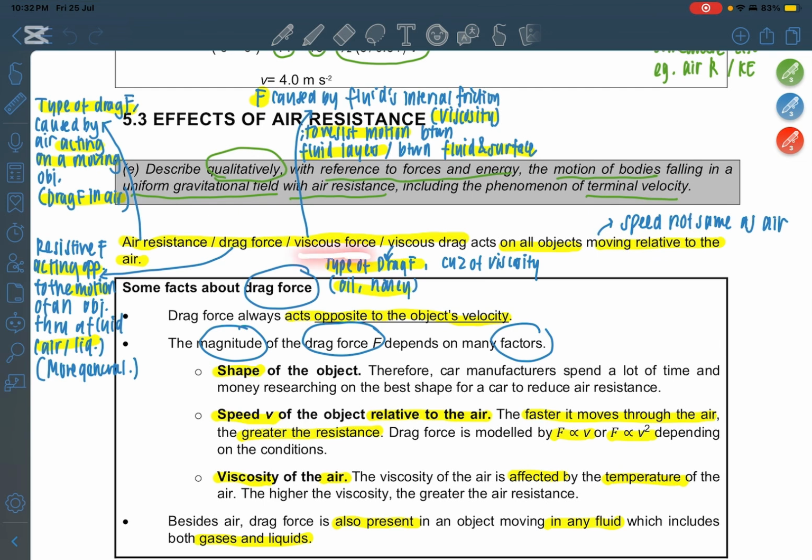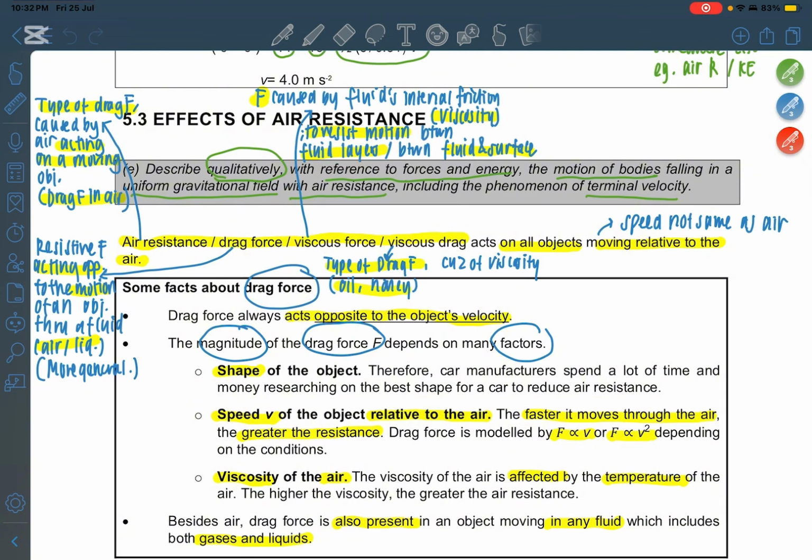Then viscous force, what's the difference? It's basically just a force caused by the fluid's internal friction, and this is what we refer to as viscosity. So basically, it's to resist motion between the fluid layers, or between the fluid and surface.